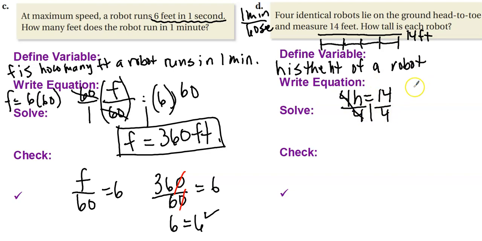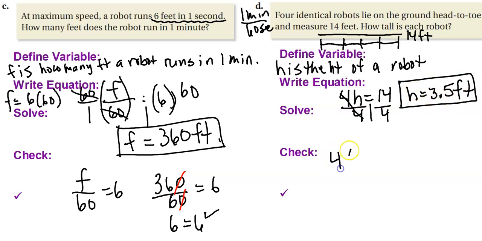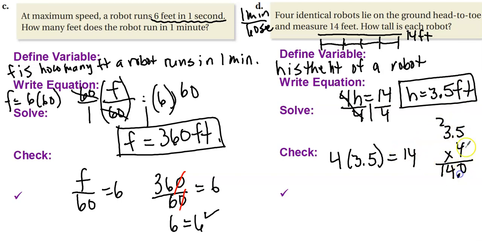I end up with a decimal of h equals 3.5. And then the units, I go back and make sure I have my units. The units are feet. Okay, so now I'm going to check by plugging in the 3.5 times 4 equals 14, and I'll go ahead and do the math. 1 decimal place, 14 equals 14, check.